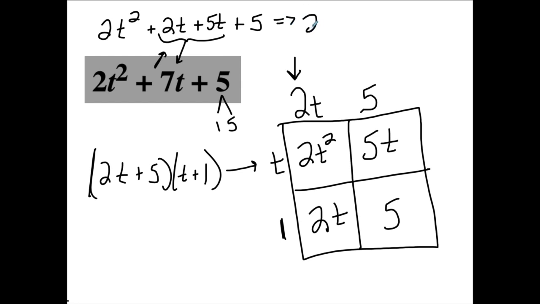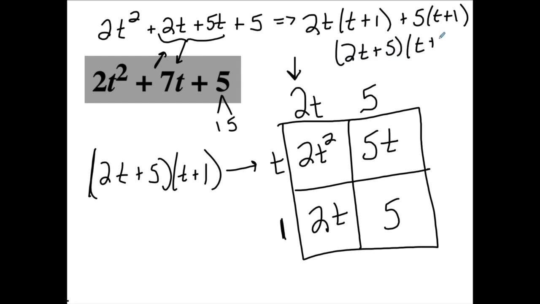So notice how these have a 2 in common and a t in common. So you can do things like factoring out common things. And then these have a 5 in common. So you get 2t plus 5, t plus 1. This is a strategy called factoring by grouping that can also get you the correct answer, and which we will also discuss next year.